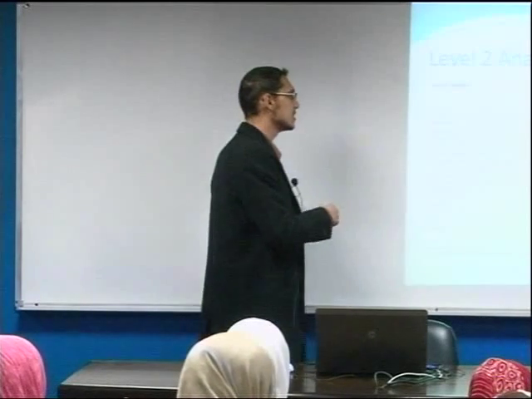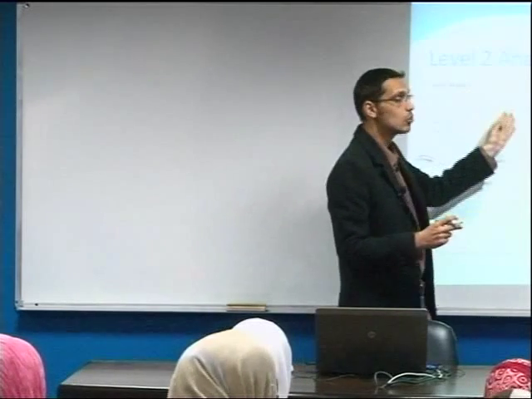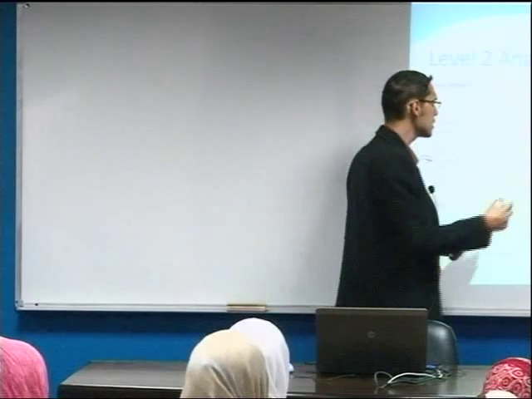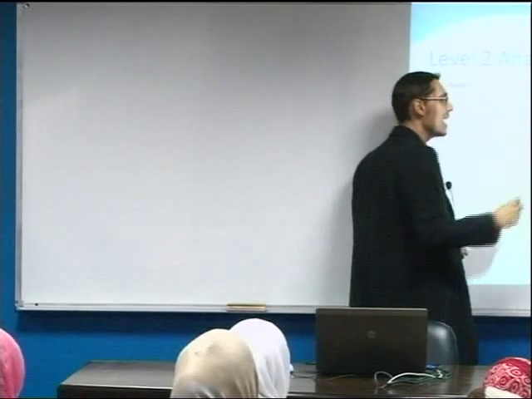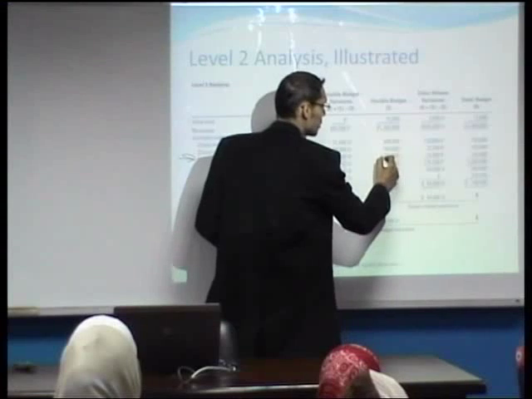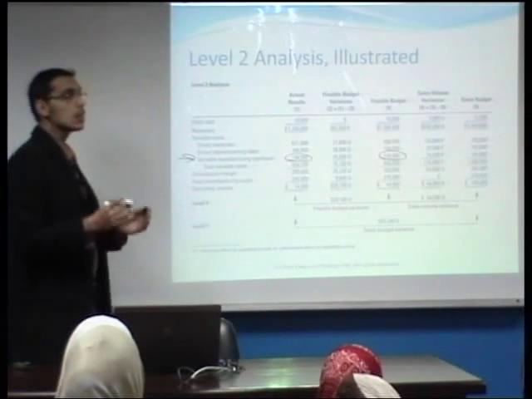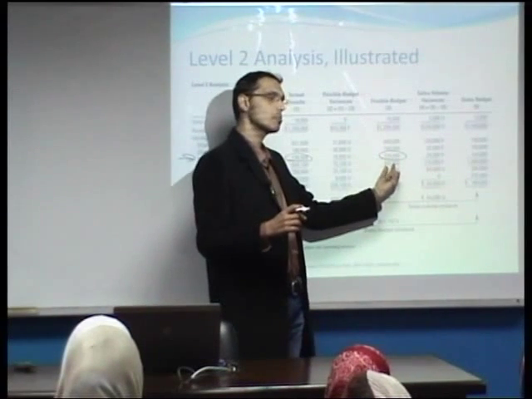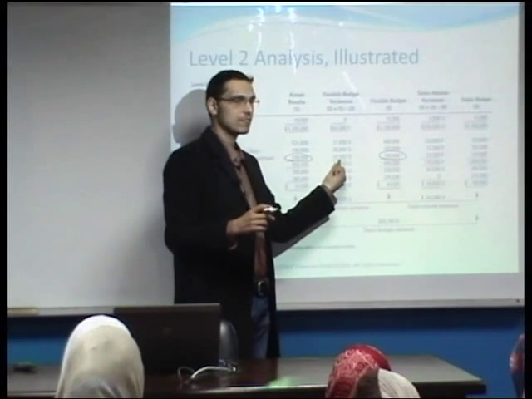Of course, we started with the variable manufacturing overhead, and as we can see from our level 2 analysis that was done in chapter number 7, we have an actual variable manufacturing overhead of $130,500 and a flexible budget amount of $120,000. Therefore, there is a difference between the flexible budget amount and the actual result of $10,500 unfavorable.